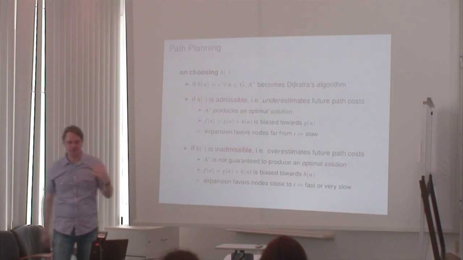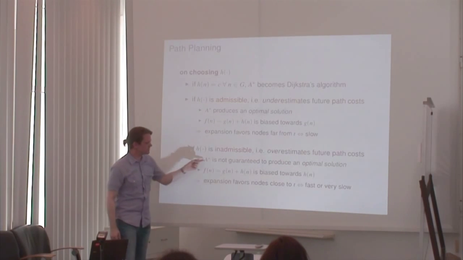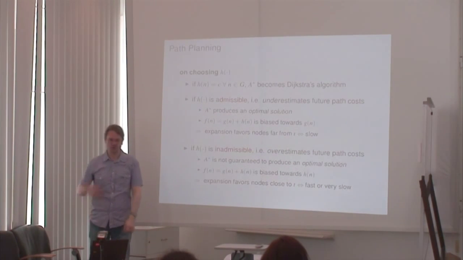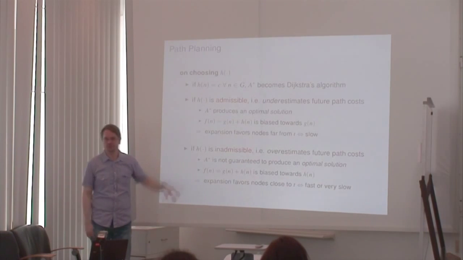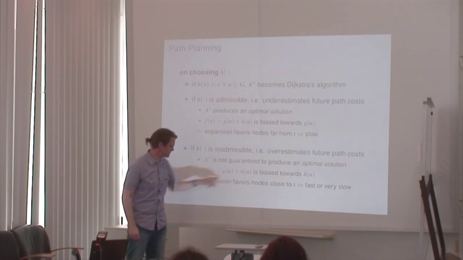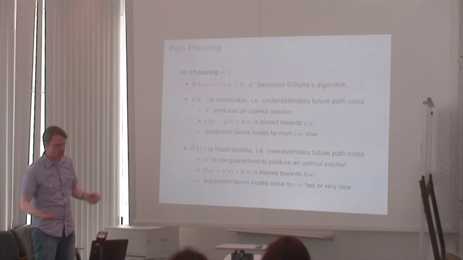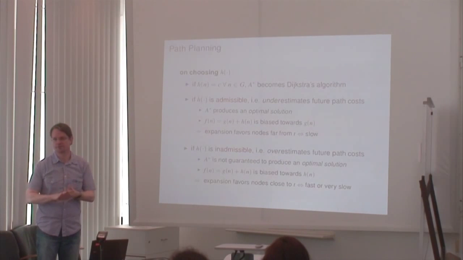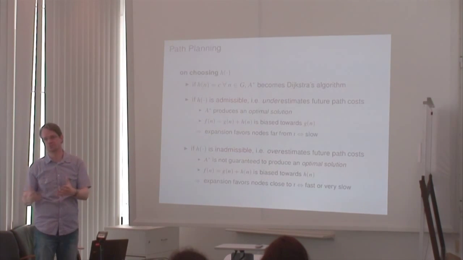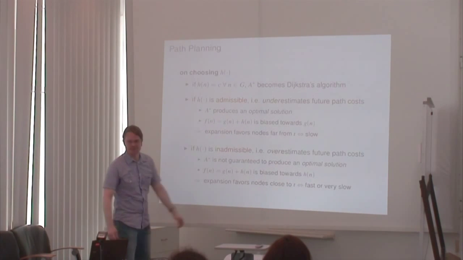So it can happen that A star will find a solution rather quickly because H is dominating this expression here. But that solution might be longer than the optimal solution, the shortest possible. Typically that does not happen.